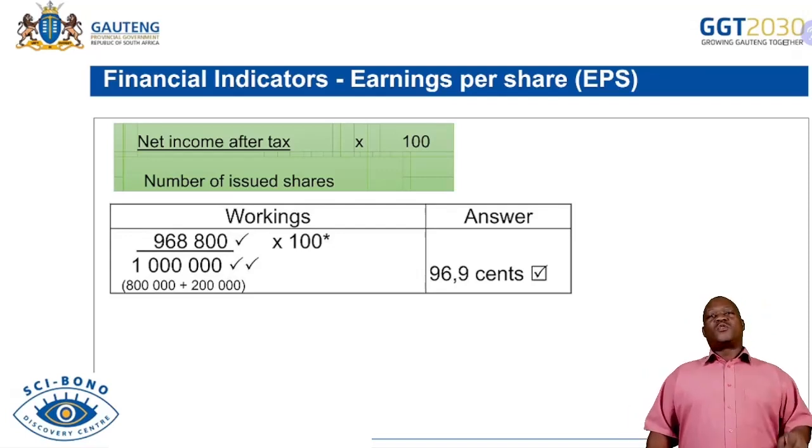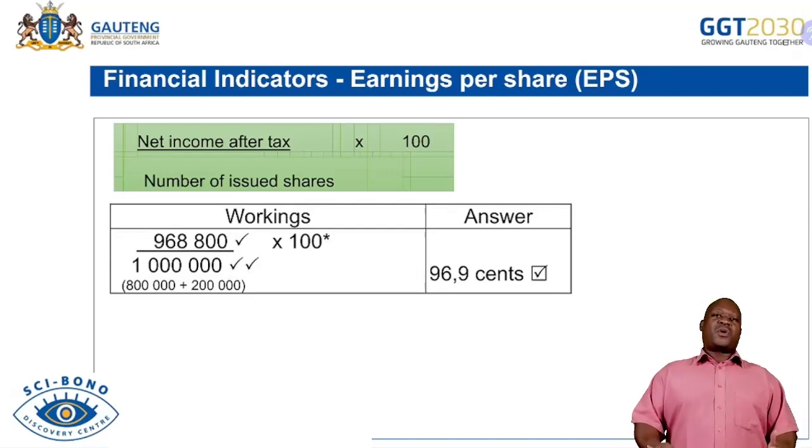When we are looking into the next one now, when we are looking at the payout rate, we need dividends per share, and we have been calculating dividends per share. So please always remember, when we are given something that we have got to calculate and they are asking us something in the next one, we are using that figure.